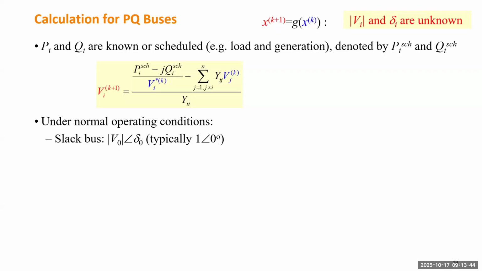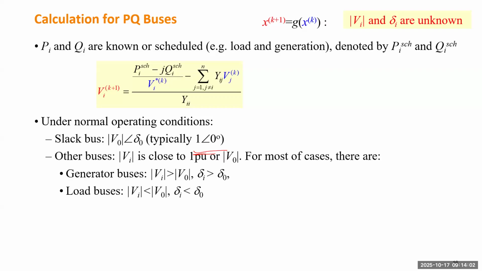To start iteration, you can assume some initial estimate for the voltage phasors. You can just use the slack bus as the initial estimate. Typically, the slack bus will have voltage magnitude around 1 and angle 0. Angle 0 means we just use the slack bus as a reference for the entire system.